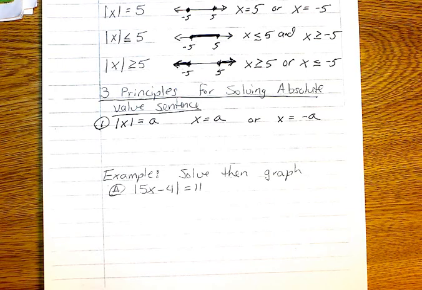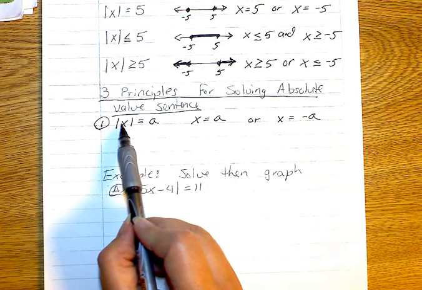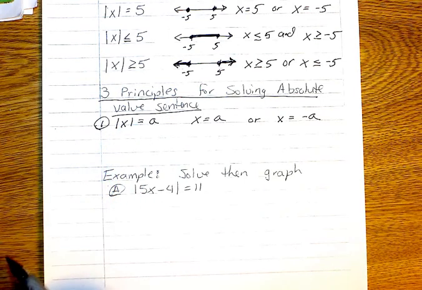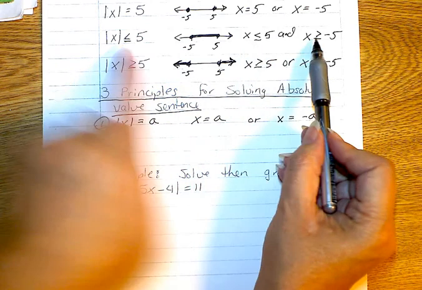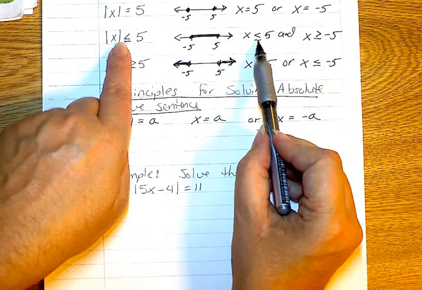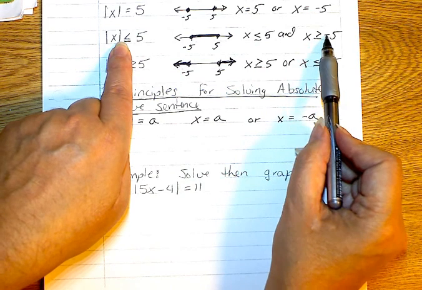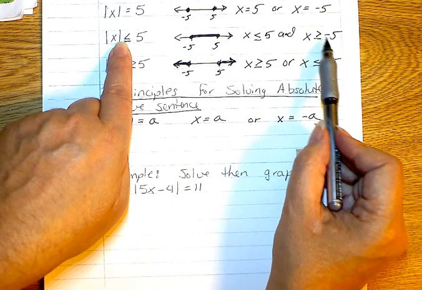So if we have the absolute value of x equals a, that means that x was a or it was negative a. Looking up here, what do you notice about the signs? This has the same sign, and then what happened to the sign? It flipped, and then you had negative. So it's almost like you're multiplying by a negative 1, and that's exactly what you're kind of doing.